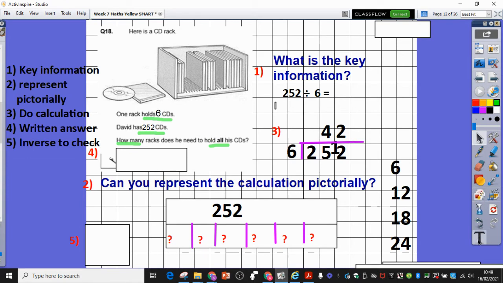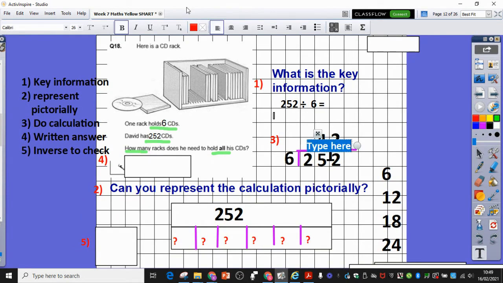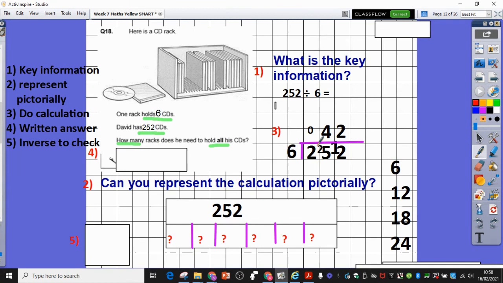Now, what I could have done here is I know that 6 does not go into 2. So what I have to do is put a little 2 here and draw a line through this one here.